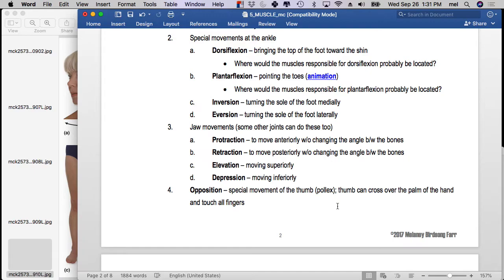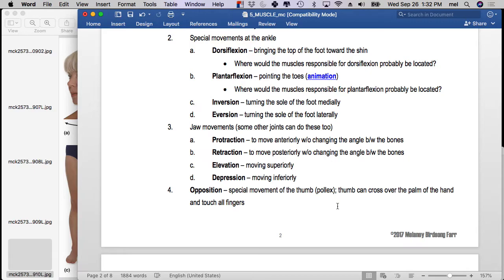So with dorsiflexion, you're bringing the top of the foot toward the dorsal surface, or the shin. That's dorsiflexion. Yes? With plantarflexion, you're bringing it toward the plantar surface. Right? Does that make sense? Okay. Now, let's test your mechanics and see if you can figure out where a muscle would be that's responsible for dorsiflexion.